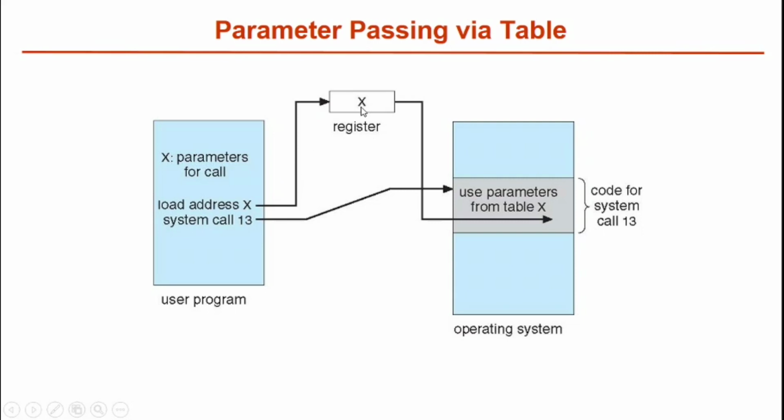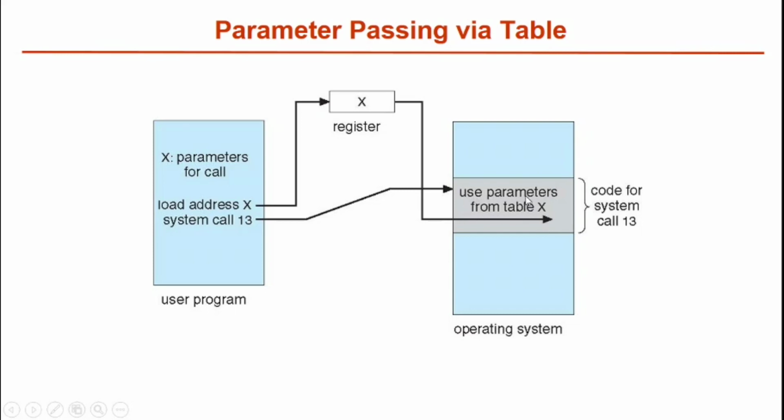Register x is stored in the register, and system call 13 is called in the operating system, and the address held by register x is stored for the operating system.